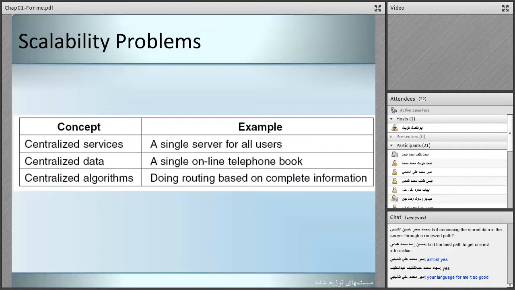It is not a good idea to centralize all the data in one database. You can use decentralized data in this case. And again for centralized algorithms, using decentralized algorithms can be a good solution to solve this problem.